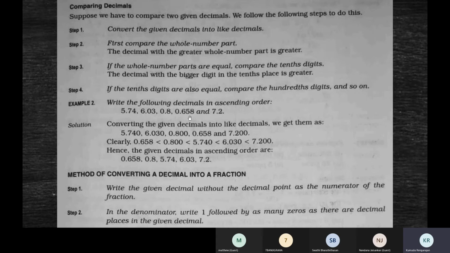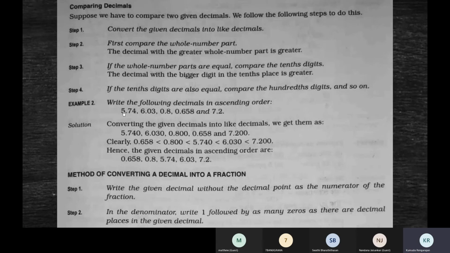So you should convert everything to this, making sure they all have the same number of digits after the decimal point.